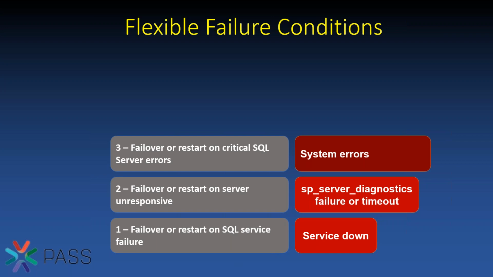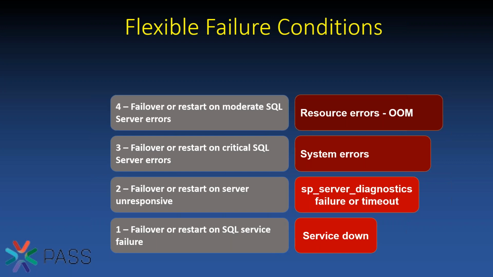Specifically, if we've had more than 100 SQL dumps in the last interval, then we're going to say, hey, this system is doing too many SQL dumps. There must be something wrong. We're going to declare a failure condition. We also look for buffer overruns, and we look for orphaned spin locks. Any of those scenarios is going to cause a failure on the health checks and cause the cluster to intervene and do something.